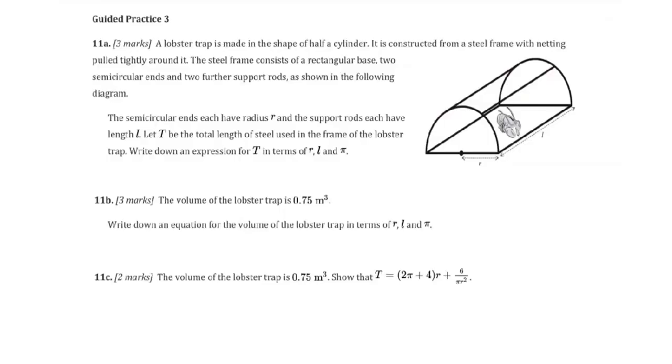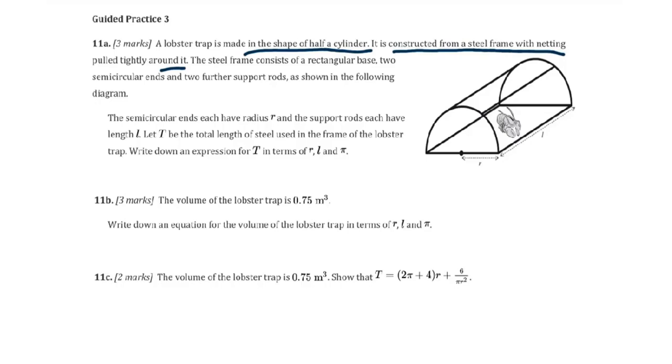Let's go to guided practice 3. A lobster trap is made in the shape of half of a cylinder. It's constructed from a steel frame with netting pulled tightly around it.